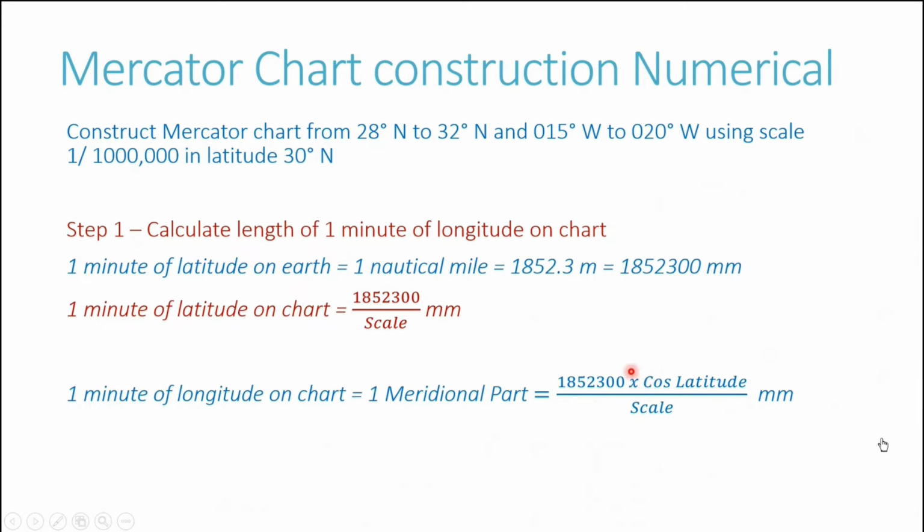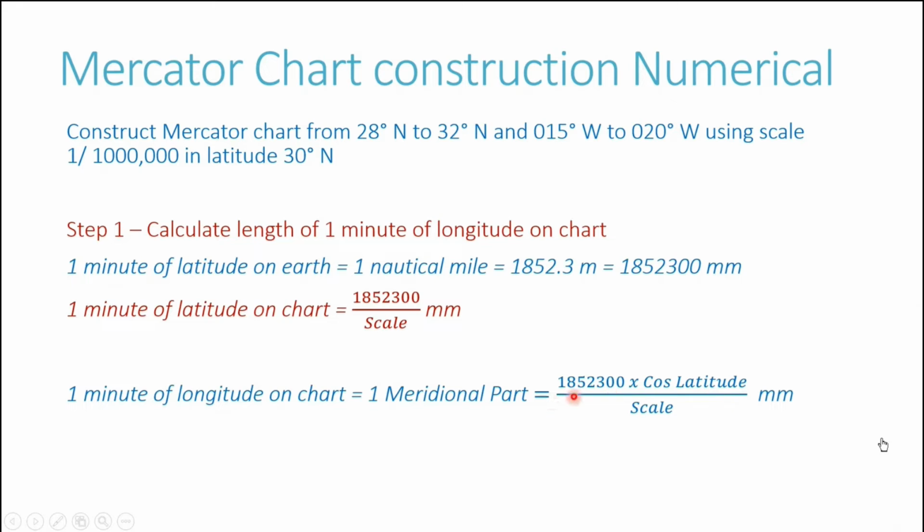We multiplied this value, 1852,300 divided by the scale, with cos of latitude to get 1 minute of longitude. So the same formula has been used here, and we have converted the latitude scale into the longitude scale. Now 1 minute of longitude is also called 1 meridional part.